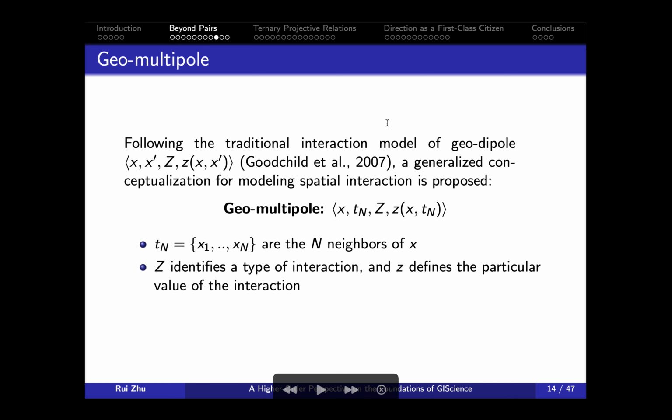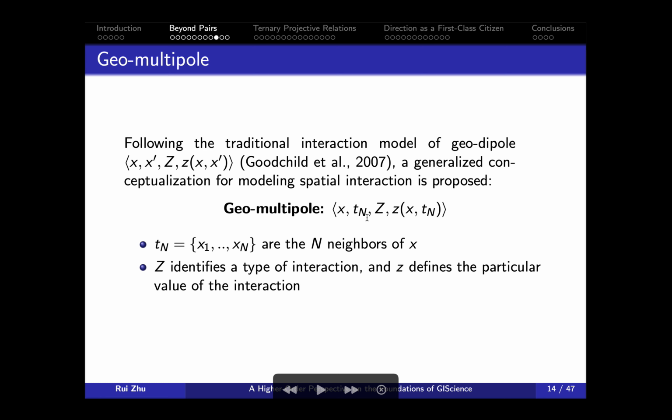To lift it into a conceptual level, we then explore how to extend the traditional low-order interaction model to its higher-order version. Concretely, we follow Goodchild's geo-dipole and generalize it into a new conceptualization called geo-multipole, where the interaction between two locations x and x prime is replaced by the higher-order interaction of x and its collective neighbor Tn.